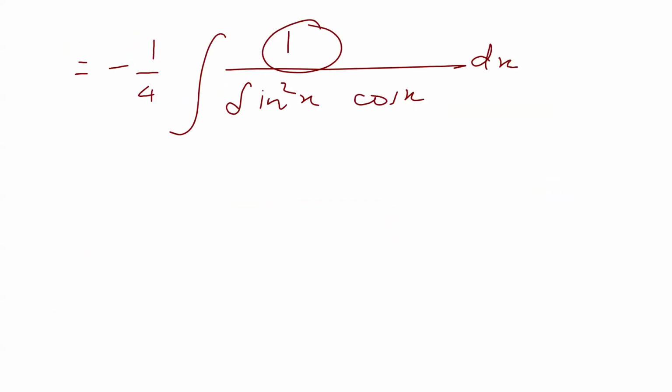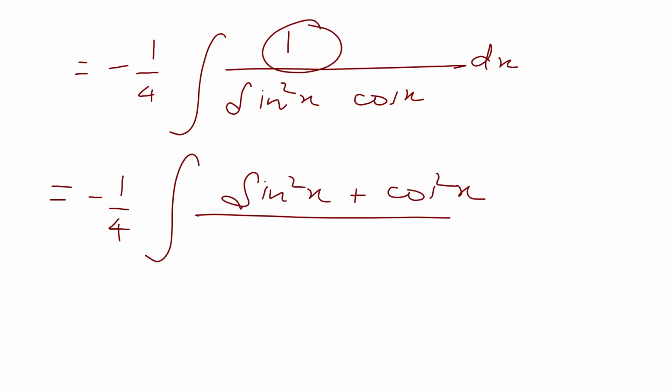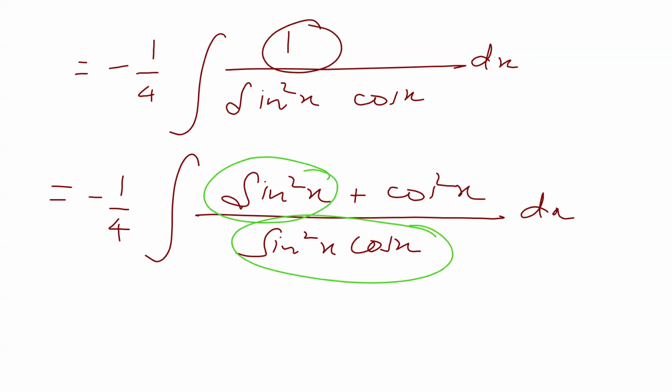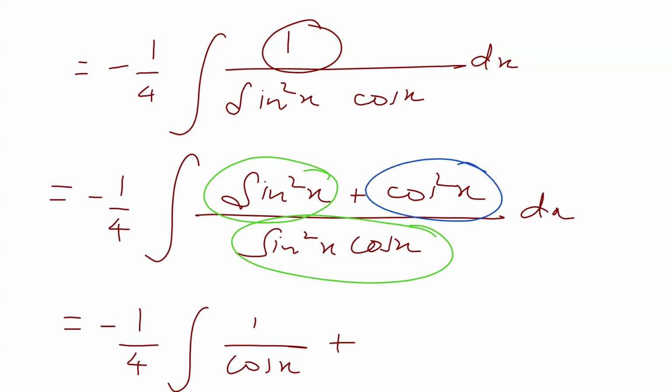Now this one has to be written as sine square plus cos square. Split and solve after this. This upon this sine square 1, so we are left with 1 upon cos x plus this upon this.